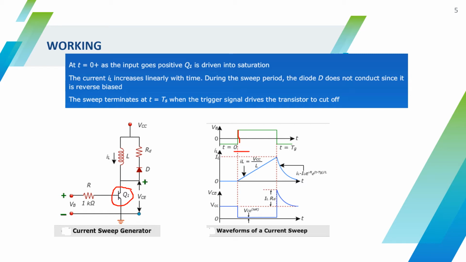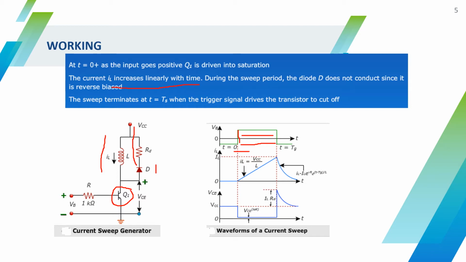Then current IL starts flowing through inductor L, and this IL increases linearly with time. During this sweep period, the diode D is reverse biased, because its cathode is connected to VCC. So during the sweep period the diode doesn't conduct.